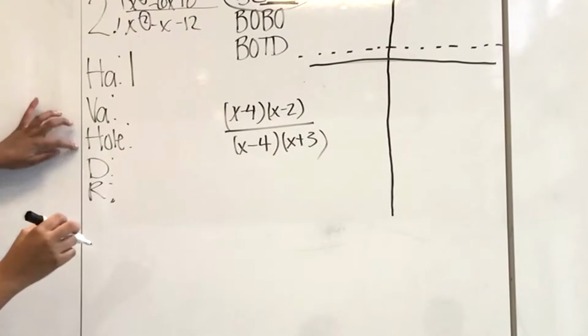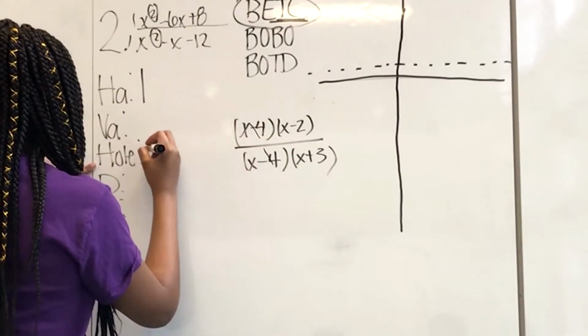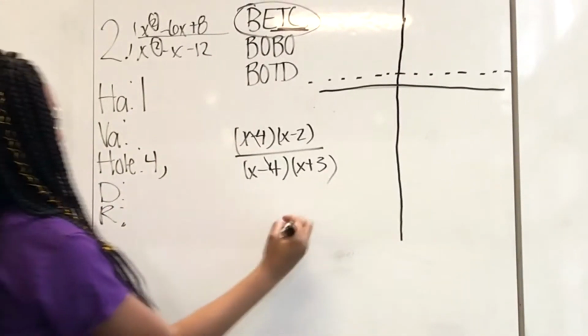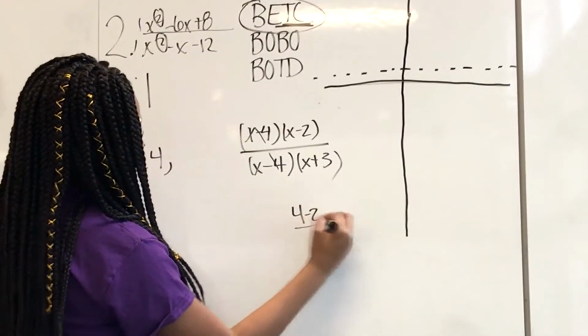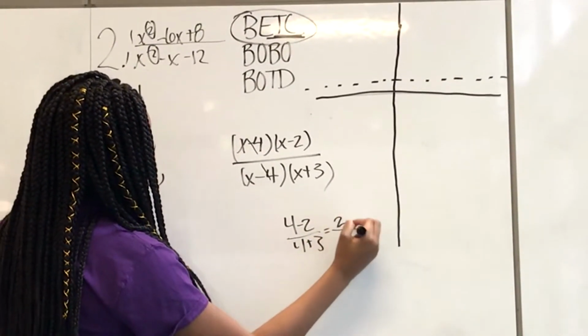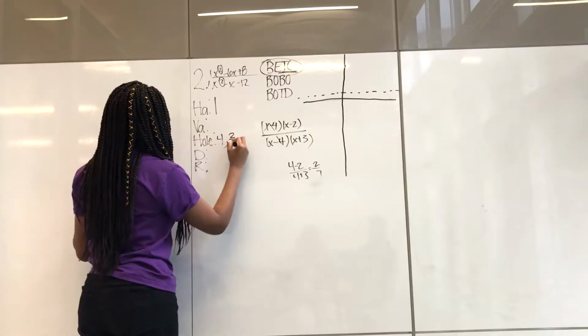So we're gonna do the hole next. The x minus 4's cancel out. So you set it equal to 0 and get 4. And then you get 4 minus 2 and 4 plus 3, which is equal to 2 over 7. So that's the y value, 2 over 7.